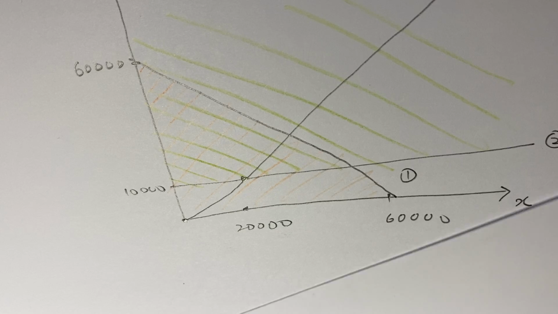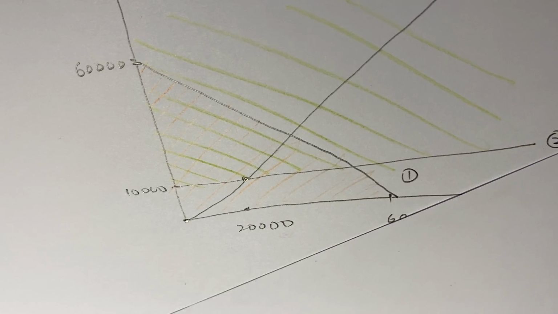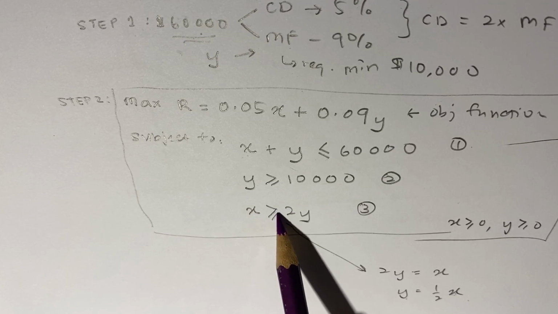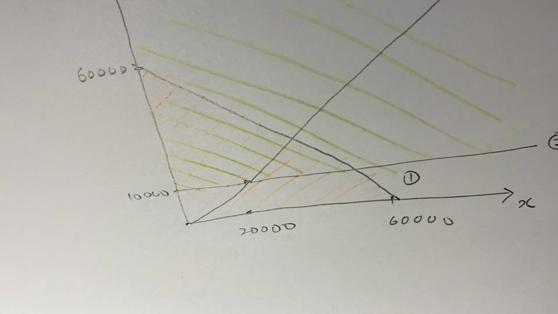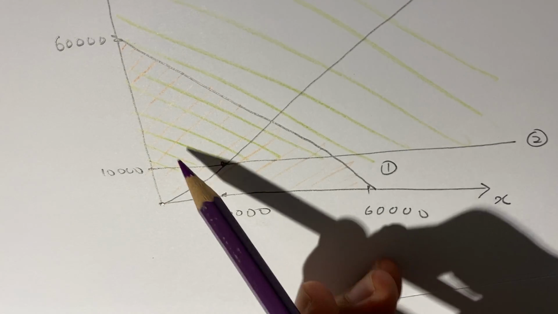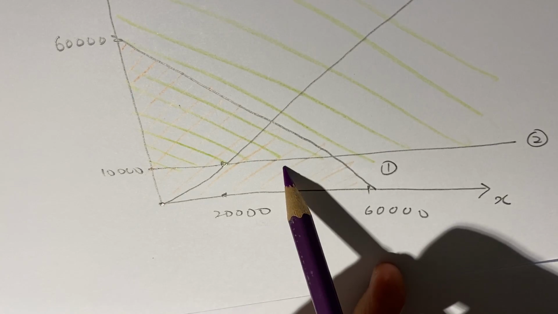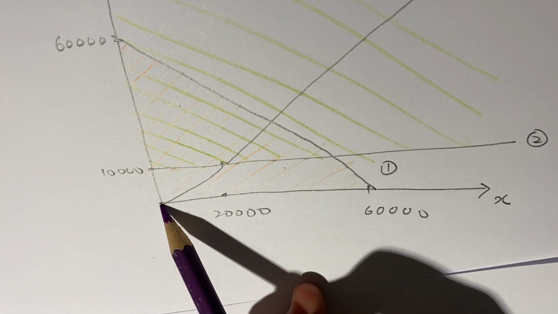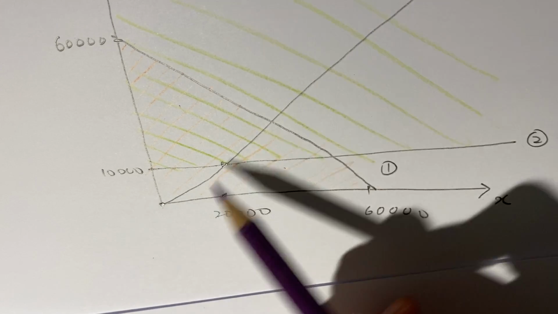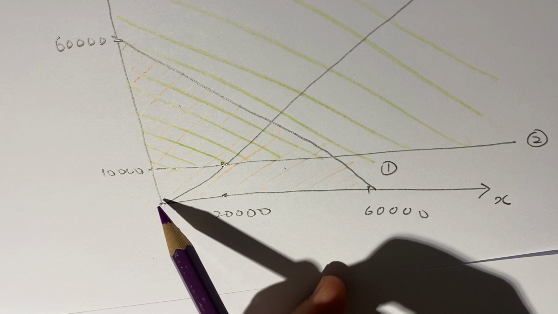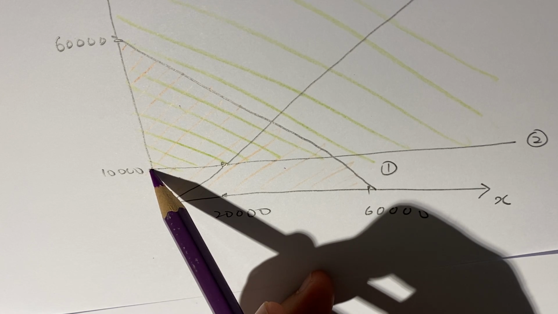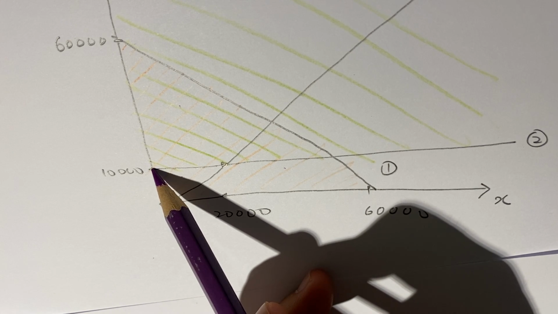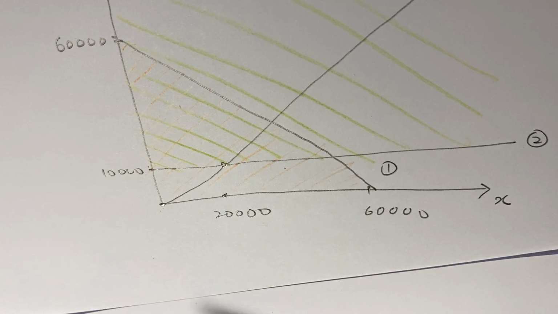And last but not least, for the third equation, we have x must be greater than or equal to 2y. So here we have above and below. We cannot use 0 and 0 because that one is exactly on the borderline. So let's pick this point, 0 and 10,000.